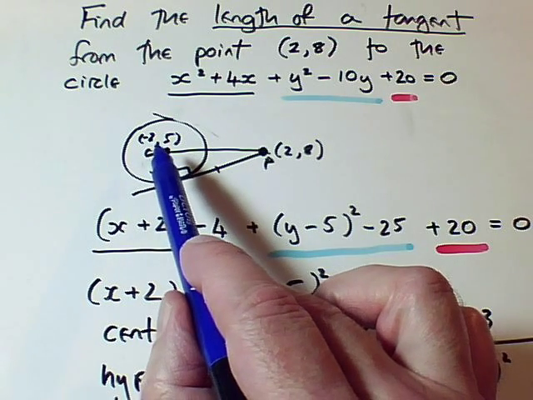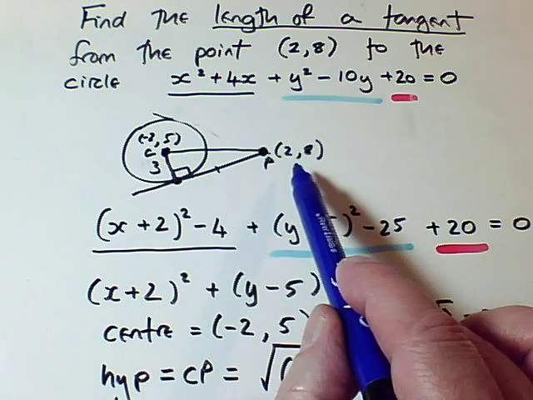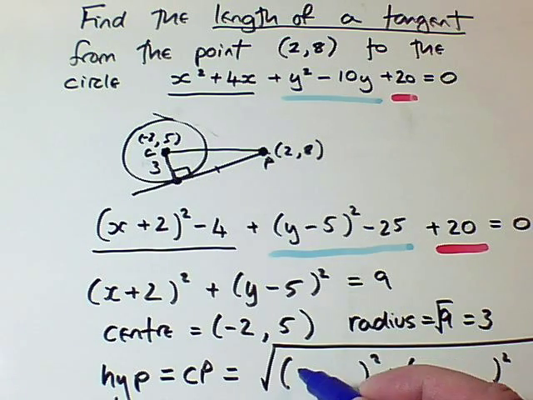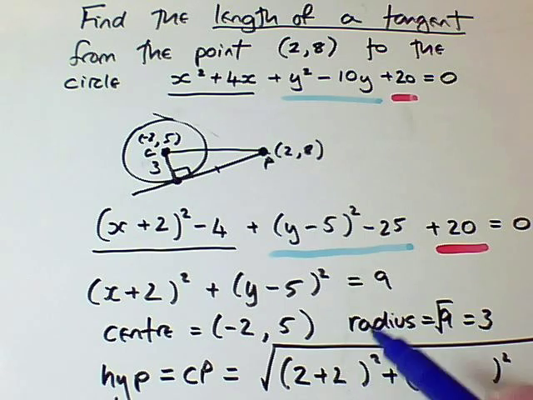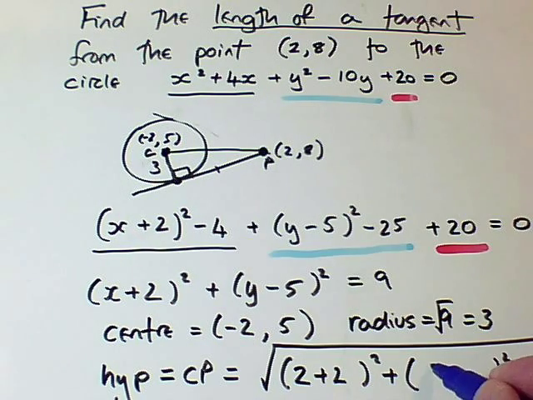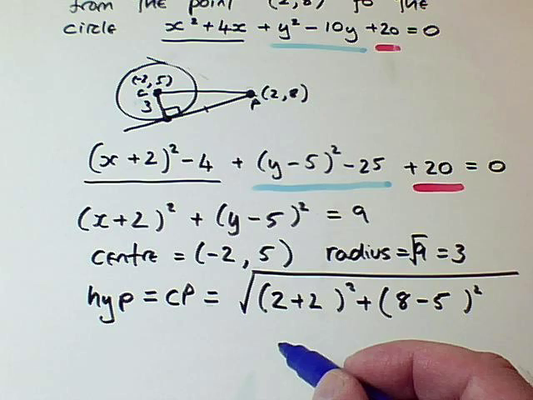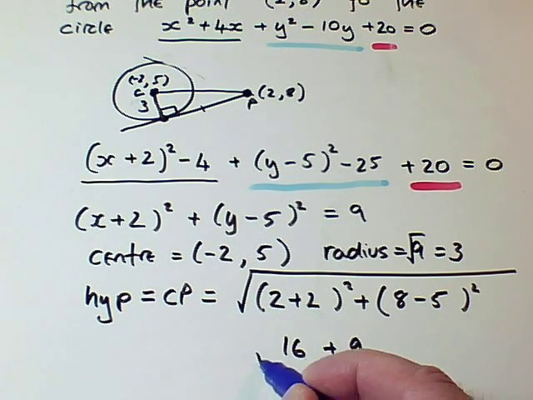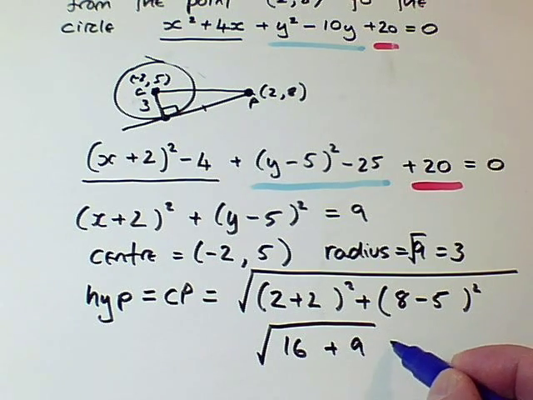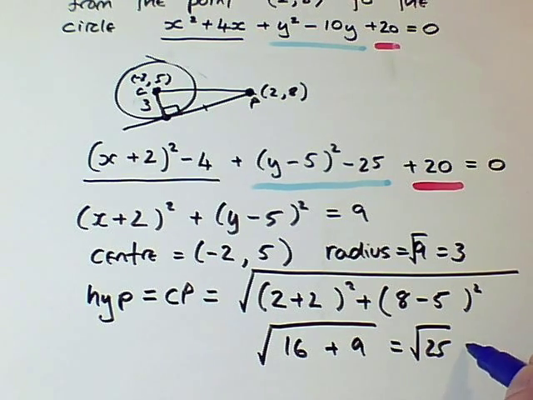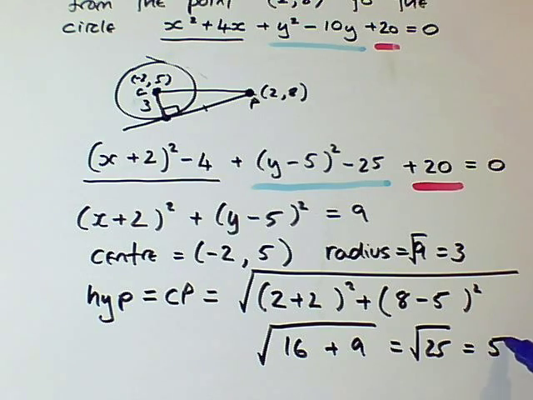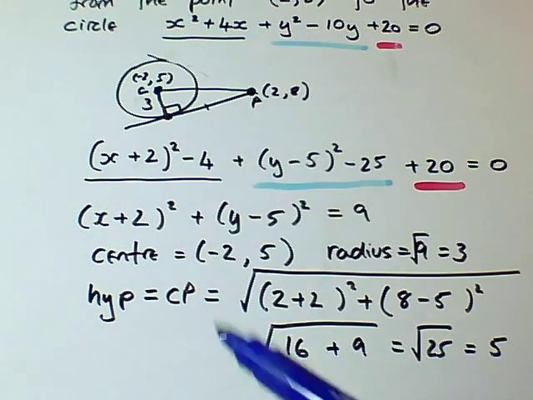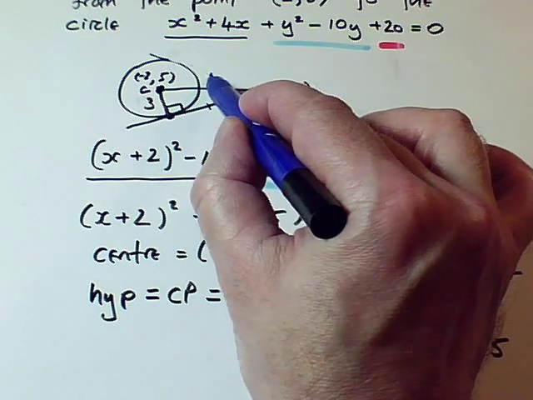So if I look at my two sets of coordinates, the difference in x, I'm going to do 2 take away minus 2, that's 2 plus 2, and I'm going to do 8 take away 5. So 4 squared is 16, 3 squared is 9, so this is the square root of 16 plus 9, which is the square root of 25, which is 5.